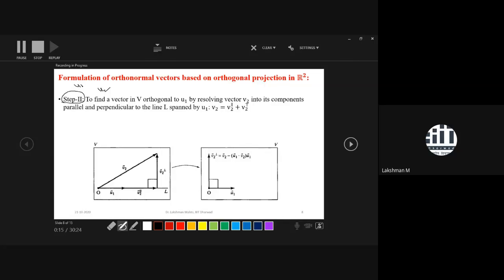Now we are trying to construct U2 such that it satisfies two conditions. The first condition is that U2 must be orthogonal to U1, that means the dot product of U2 with U1 must be 0. Apart from that, the norm of U2 must be 1.